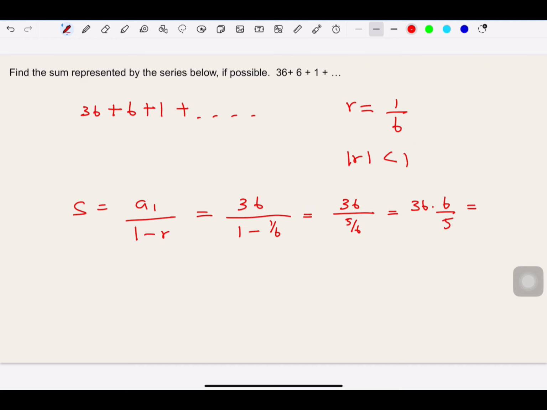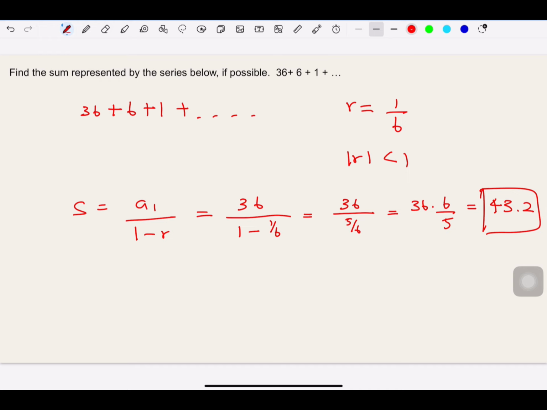If you do the simplification, you'll end up at 43.2. So if you add all these infinite terms, you'll end up at 43.2.